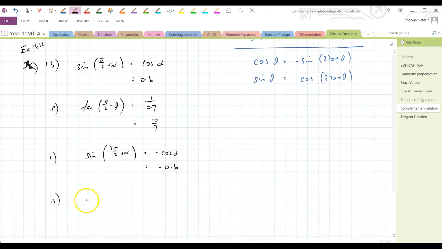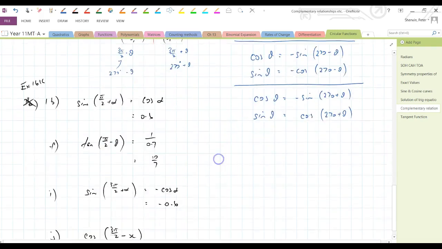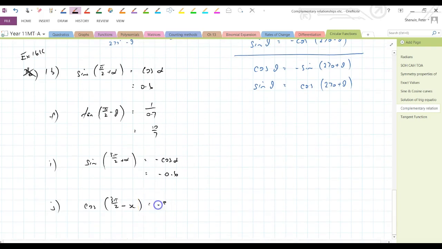Let's have a look at J as well. Let's look at cos of 3 pi over 2 minus x. Okay, 3 pi over 2 minus x, so that's this here. Cos of it is minus B, so that's the negative of the sine that we started with, so that's equal to minus sine x, and sine x is 0.3, so that's minus 0.3.